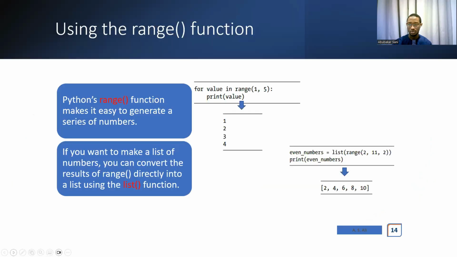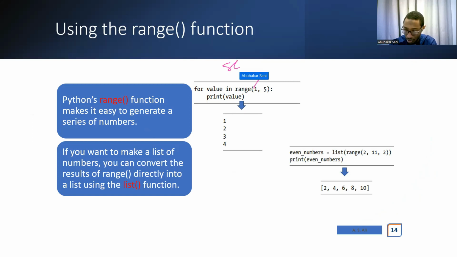Okay, so we have a Python function called range. The range function allows us to easily generate a series of numbers. And how does the range work? It takes in up to three values. The first value is what we call the starting number, so this is the start.